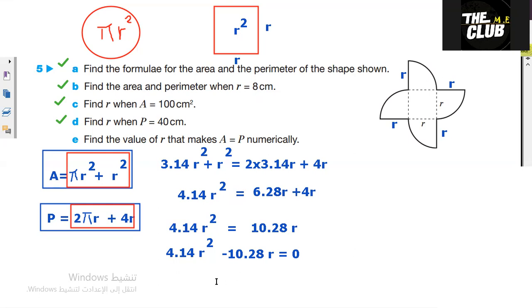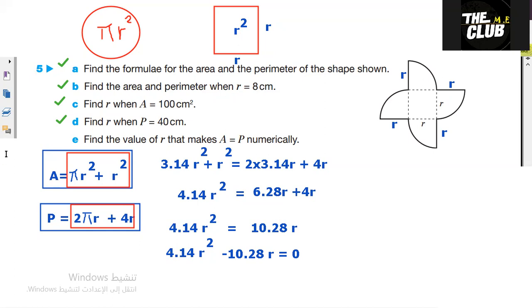Maybe if I try to do this, let me see. Okay, now I can do this, make it equal to 0, and then take a common factor, which is the R outside, and then make R equals 0, or the rest will be inside, which is 4.14 R minus 10.28 equals 0. And then 10.28 take it to the other side by making it an addition, and then divide by 4.14 to find R.